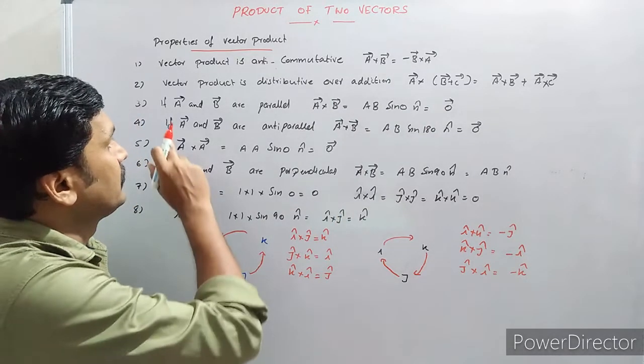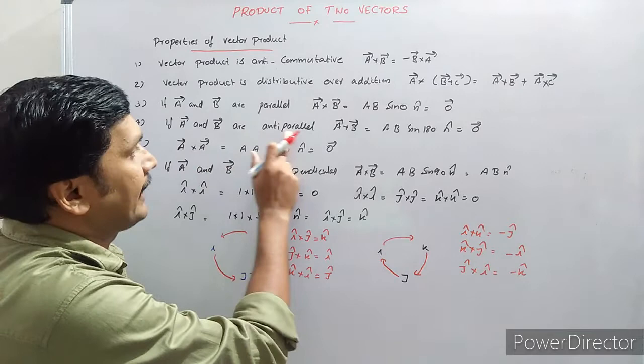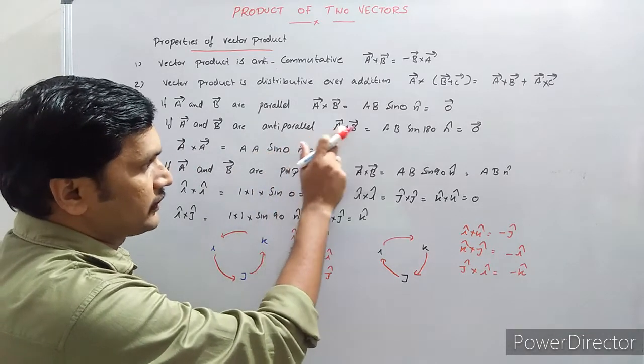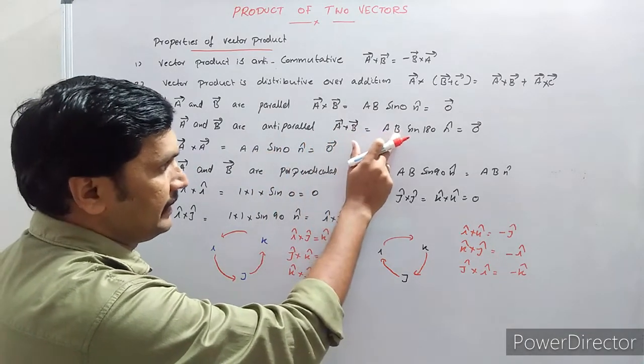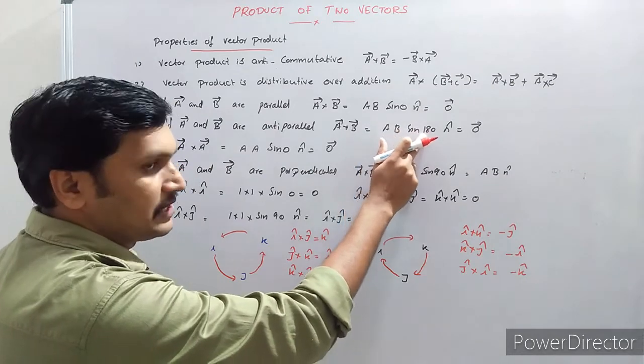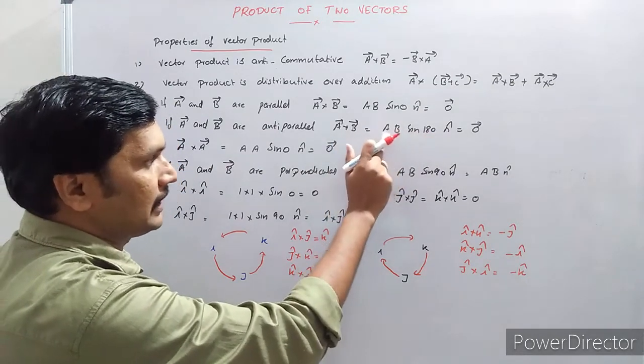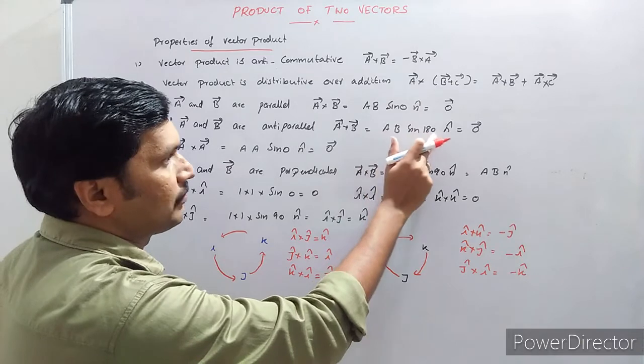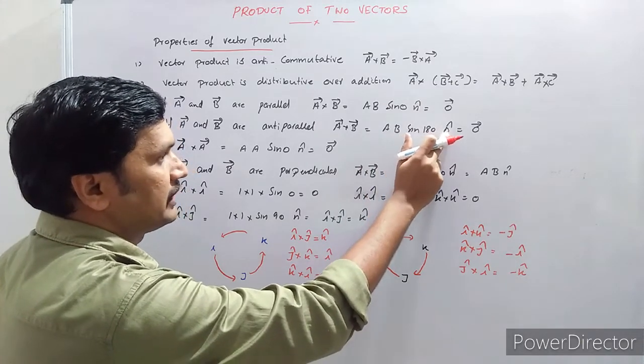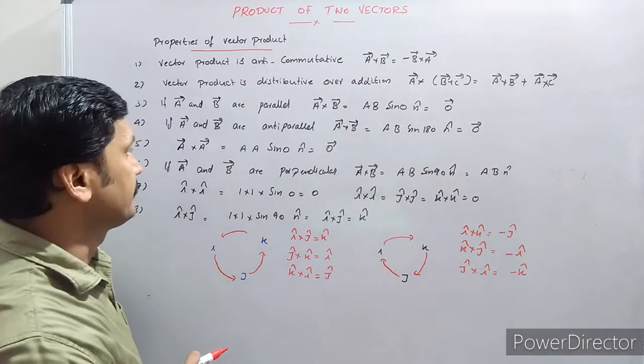Fourth property, if A and B are anti-parallel, A cross B is equal to AB sine 180 into unit vector, and we are getting a null vector.